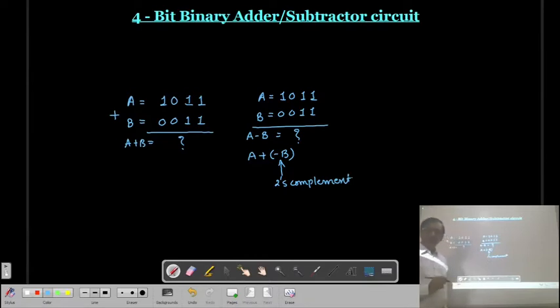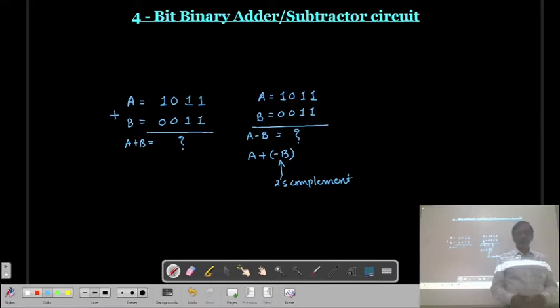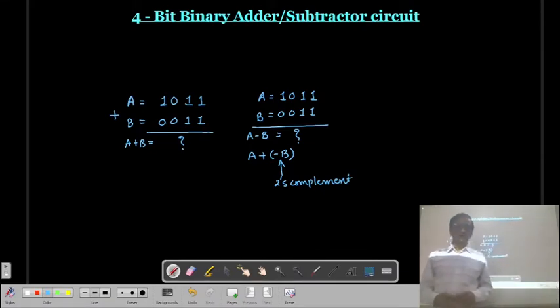So basically, if we have an adder circuit, then we can perform addition as well as subtraction. The only thing is that in subtraction we have to generate a 2's complement number, and the adder circuit will be common for addition and subtraction.